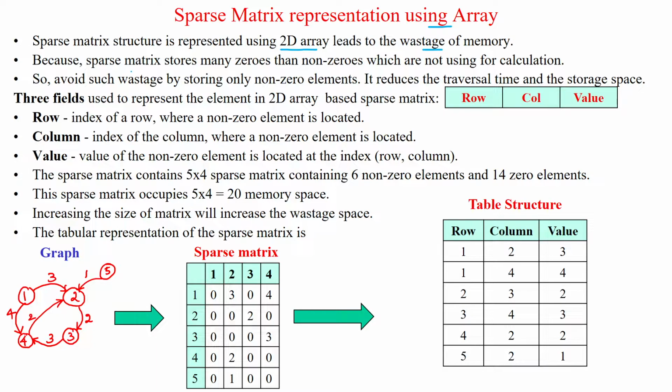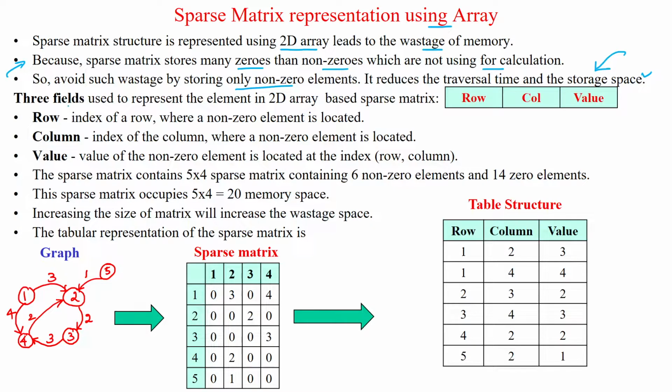Here, the sparse matrix stores many more zeros than non-zeros, which are not used for calculation. So to avoid the wastage of memory locations, we are going to use only the non-zero elements. It reduces the traversal time to access the elements in the sparse matrix and also reduces the storage space.